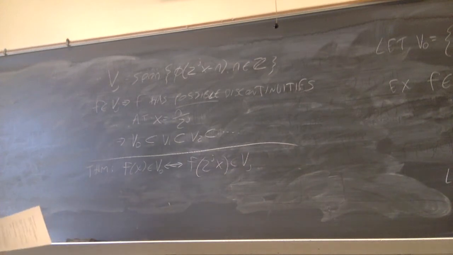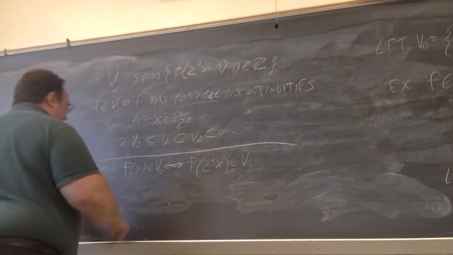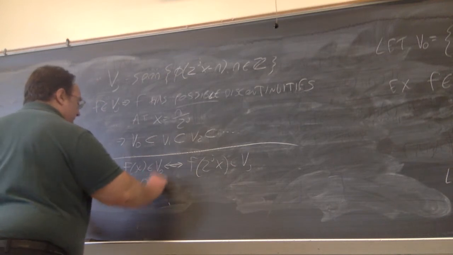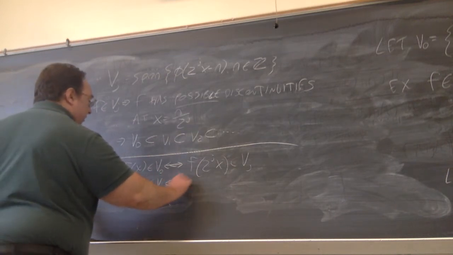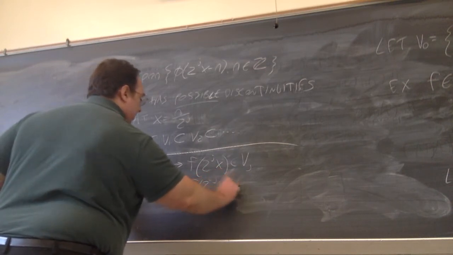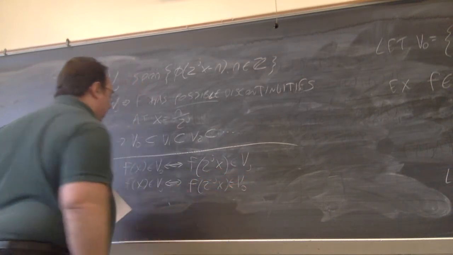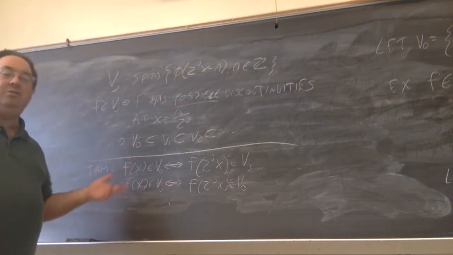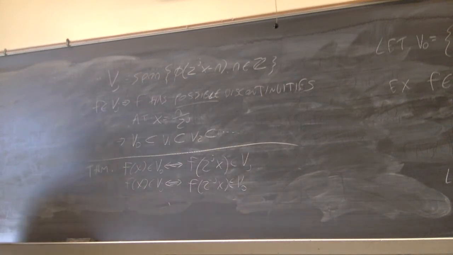And then the second statement, which is actually not all that interesting in light of the first: a function is in Vj if and only if f of 2 to the minus j x is in V0. So really you're just multiplying the argument in both cases by 2 to the j or 2 to the minus j to get this.